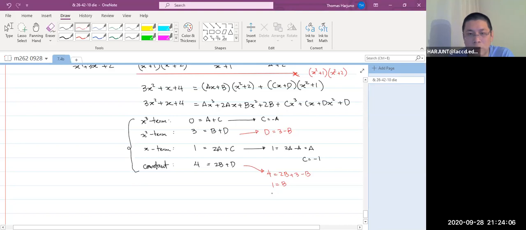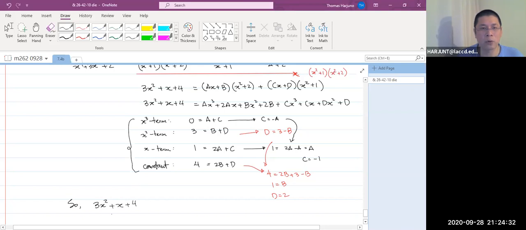So d equals 2. So, what's that again? 3x squared plus x plus 4 over x to the 4th plus 3x squared plus 2 is equal to... what's my a? 1x plus b.